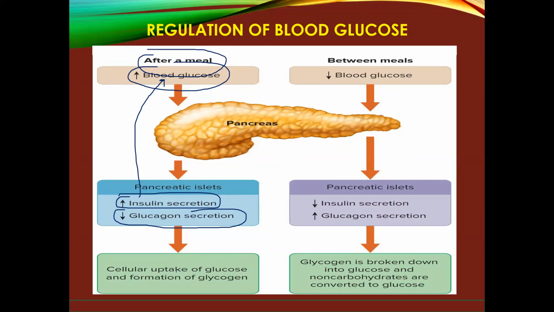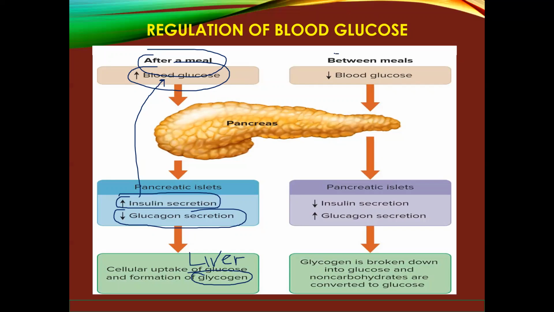What is the target cell going to be? The target cell will be the cell that takes glucose and makes it into glycogen. The main target is going to be the liver cell. The liver is the organ that will take glucose from the blood and change it into glycogen. So insulin will go to the liver cell.